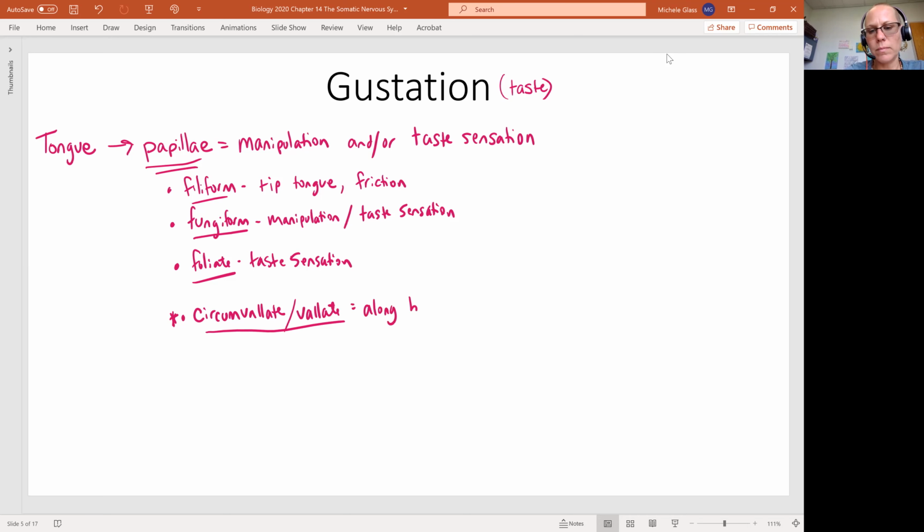So how can we know whether the papillae is there as a bumpy projection to help us manipulate food, or whether it's there involved in taste sensation? If it's involved in taste sensation, so that would be the fungiform, the foliate, and the circumvallate or vallate, then it contains as part of its anatomy the taste bud.